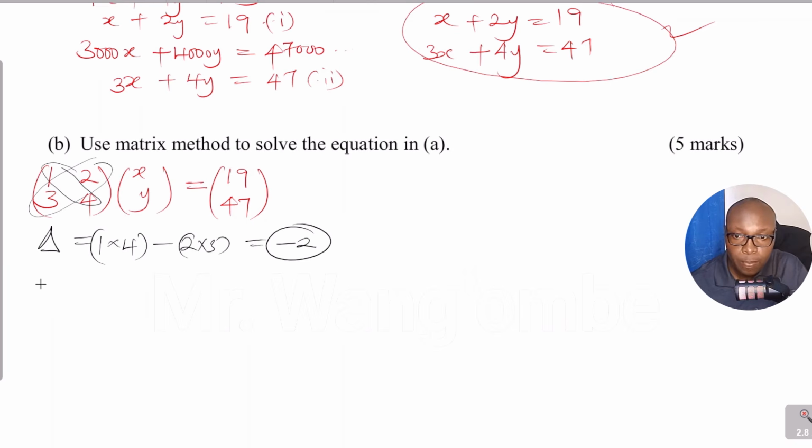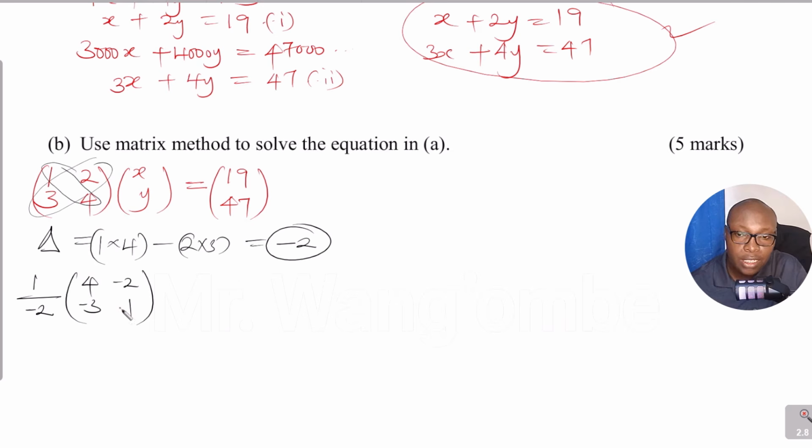The next step, to get the inverse, you have 1 divided by the determinant. Then check how we interchange these values. These will be 4, -2, and then -3, 1. Look at this diagonal: 2, 3 becomes -2, -3, so the signs change in this diagonal. Then look at the elements in the other diagonal, 1, 4. They are interchanged to 4, 1.